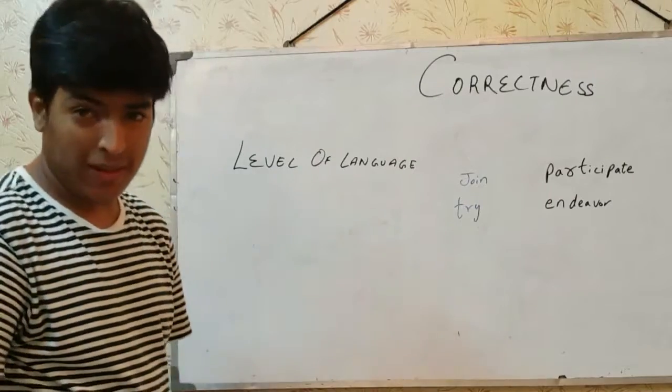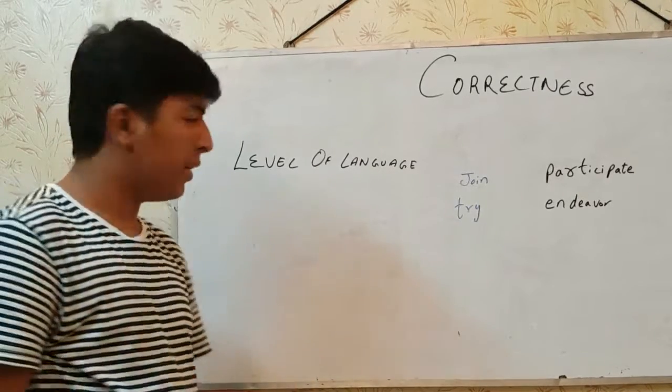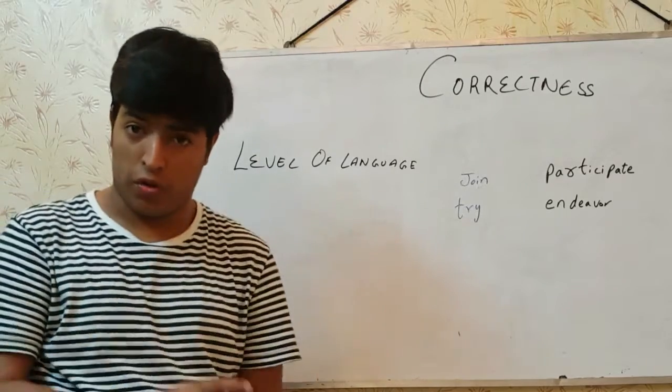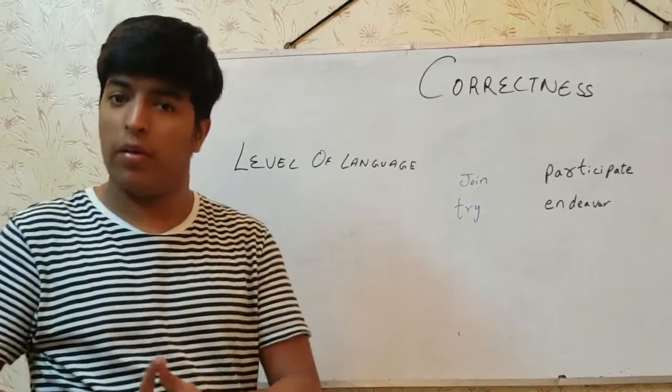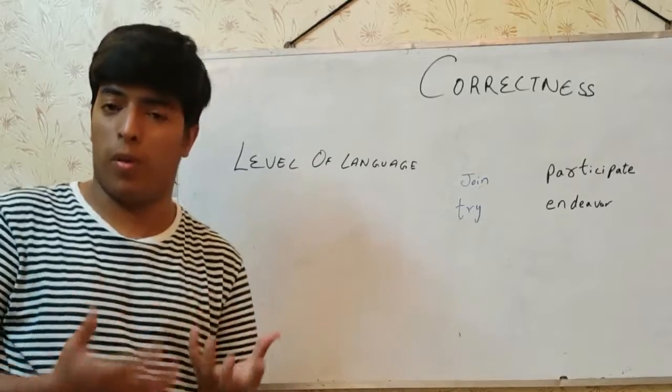The last but not the least is correctness. So what is correctness? You have to check the level of language you are using. If you are writing an academic letter or essay, you have to use more formal words.